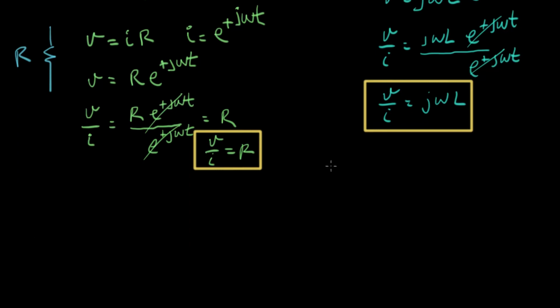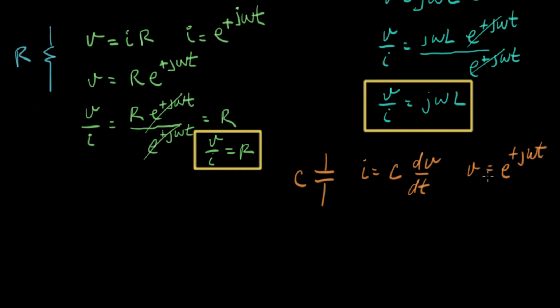Now we'll do the same thing for a capacitor. So here's a capacitor, and there's its capacitance value in farads. And for the capacitor, we know that I equals C times dV/dt. And this time, let's let V equal e to the plus j omega t.